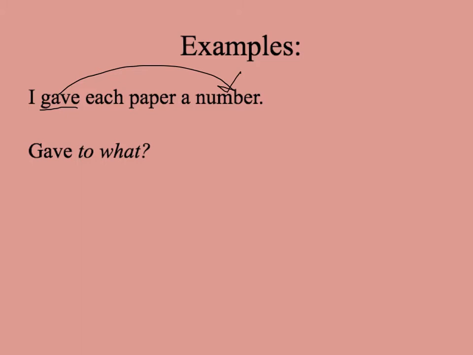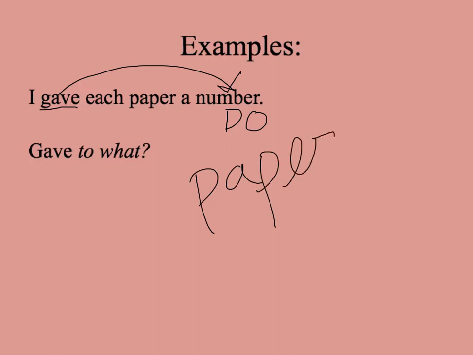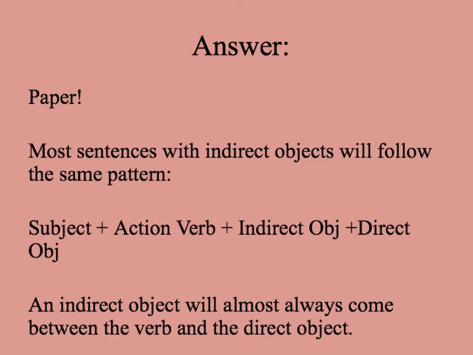Gave a number. To what? Gave a number to what? As I'm sure you figured out, paper is the indirect object of the previous example.